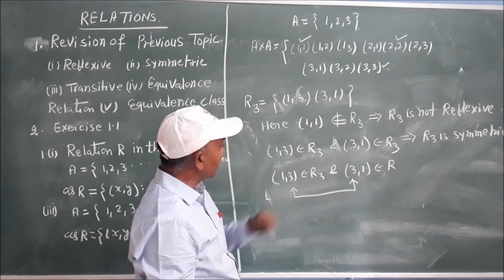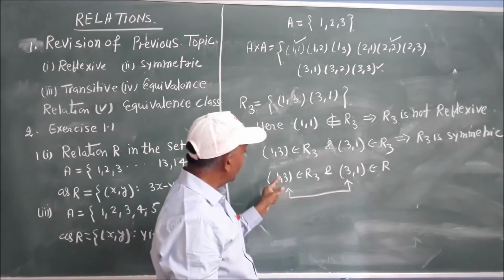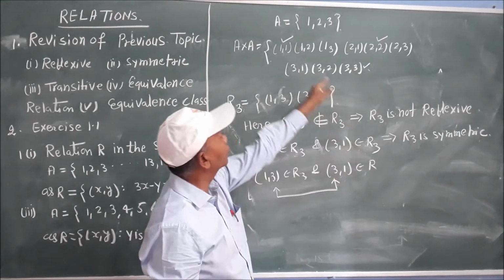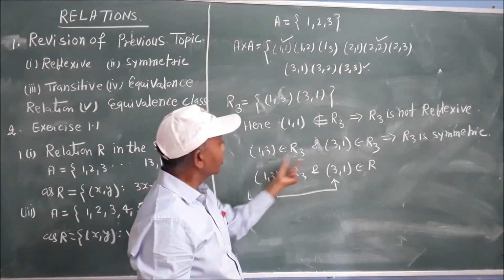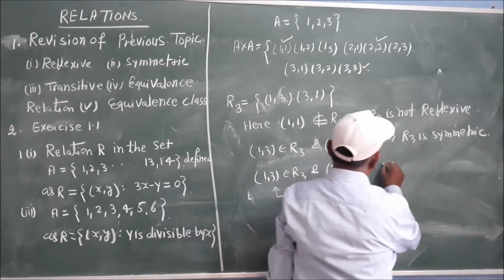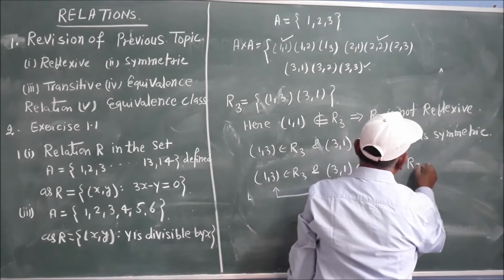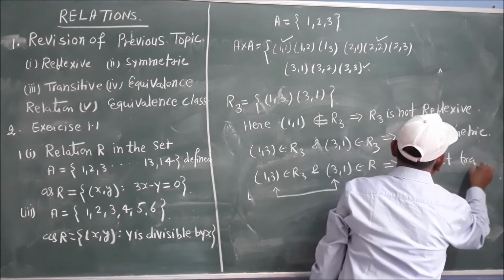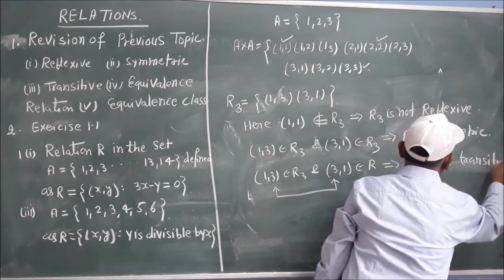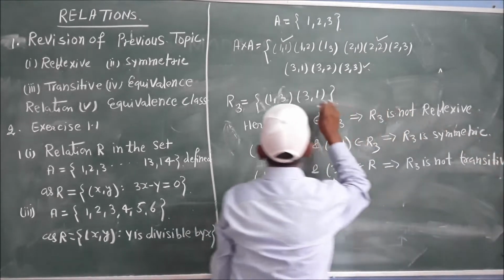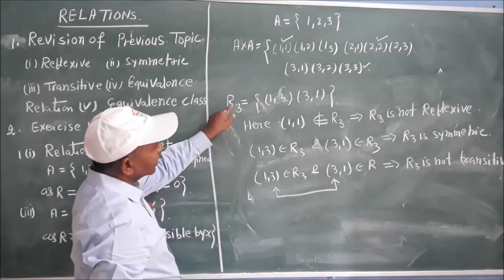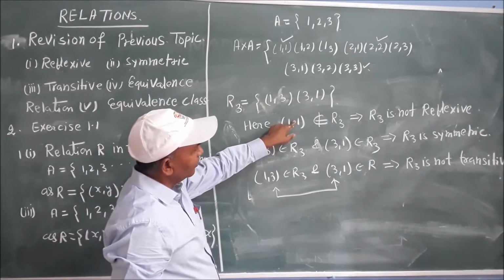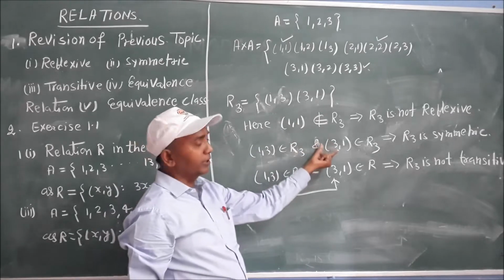That means (1, 1) should also belong to R3, but (1, 1) is not present here. So we can say R3 is not transitive. So this is an example of R3 being not reflexive, not transitive, but symmetric.